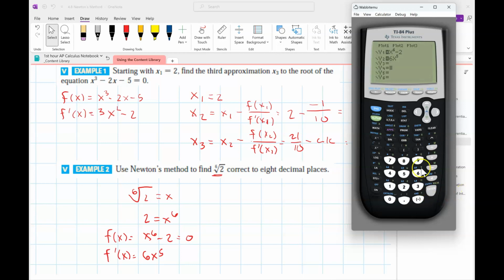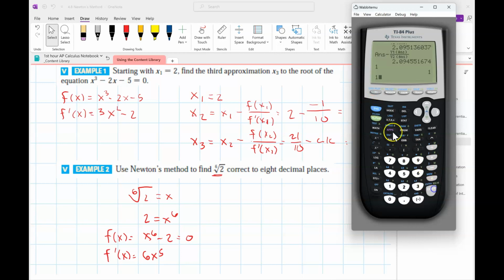Everybody feel good so far? We need a guess. I'm going to just make my guess 1, because I know that the 6th root of 2 has to be somewhere between 0 and 2. Just pick 1, seems like a good guess.